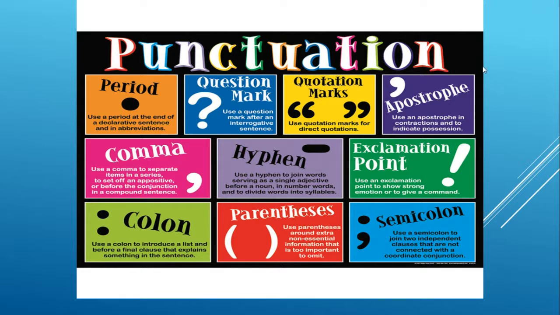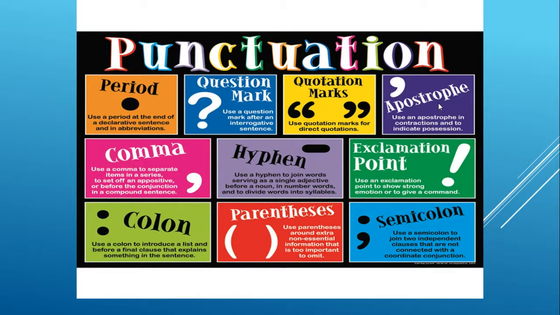Okay, or to indicate possessive. If you have a possessive, like the boy's toy, you only have one boy, so you have B-O-Y apostrophe S. If you had two boys, you say the boys' toy. It's pronounced the same way, but there's a difference.